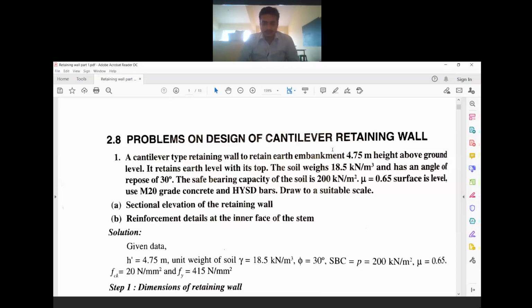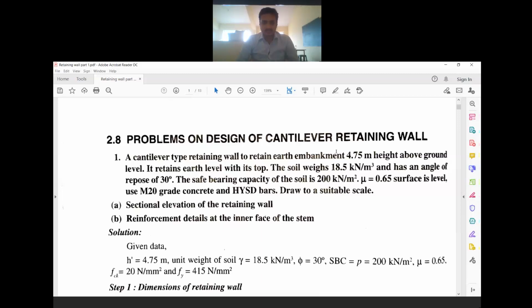Okay, the soil weighs 18.5 kilonewton per meter cube and has an angle of repose of 30 degrees. The safe bearing capacity of the soil is 200 kilonewton per meter square. And mu is equal to 0.65, that is the coefficient of friction.